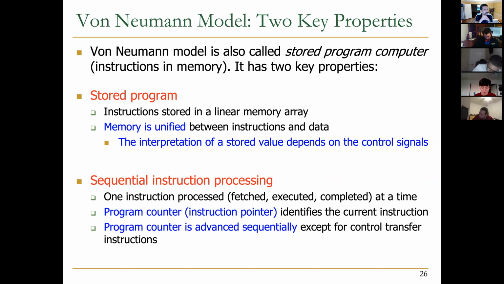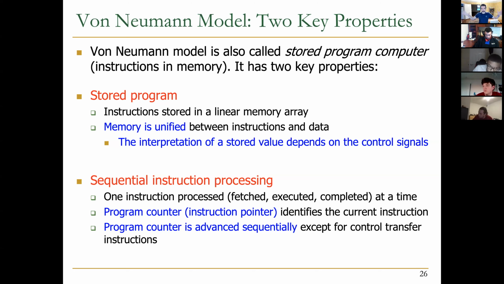So these two key properties, a stored program, being able to store a program in the memory, and being able to execute sequentially, are the two key fundamental properties of this model.